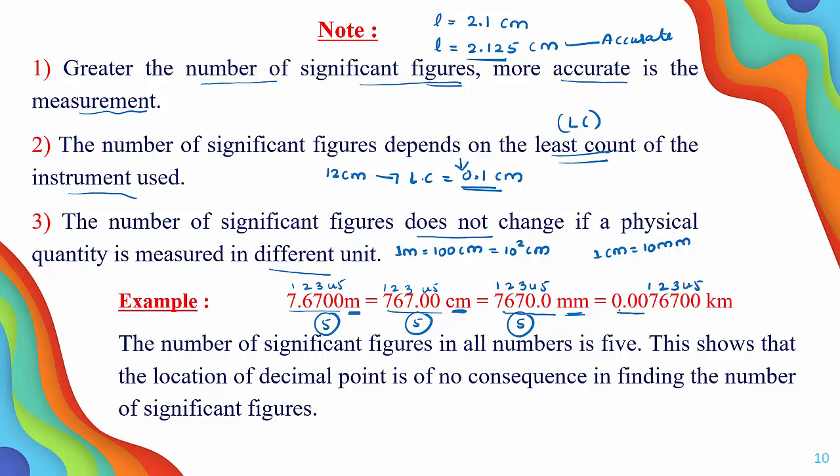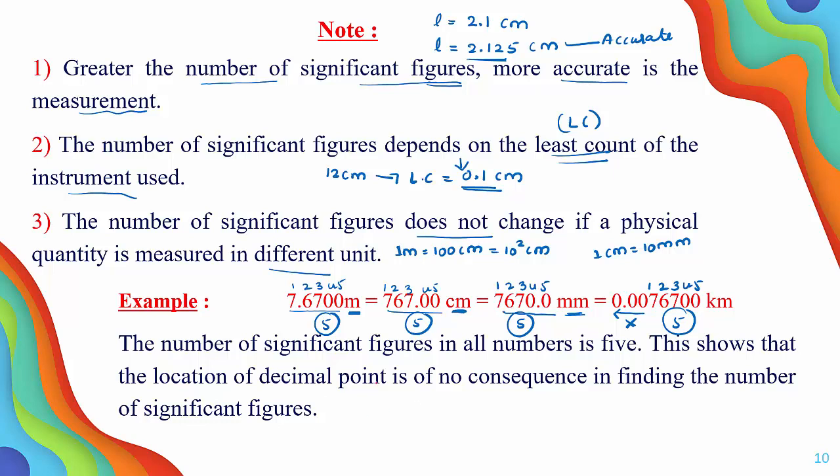So these are not considered according to the rule. You can remember, the zeros on the left side of the non-zero digits are not significant. Again we can get the same number. So what is the third point? The number of significant figures does not change if a physical quantity is measured in a different unit.